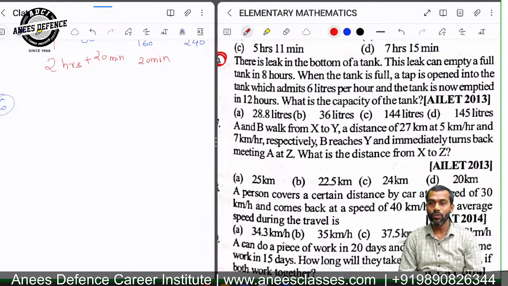So there are two pipes, you can say. One leak is basically emptying the tank and the other is filling the tank. Yes or no? So please try to draw the tree diagram.